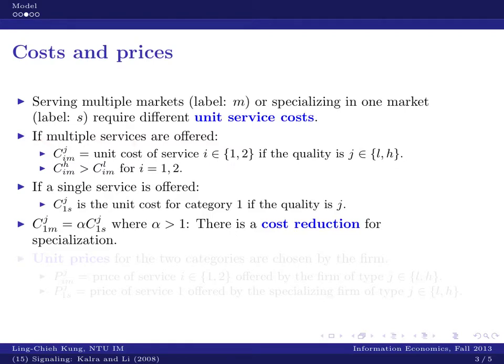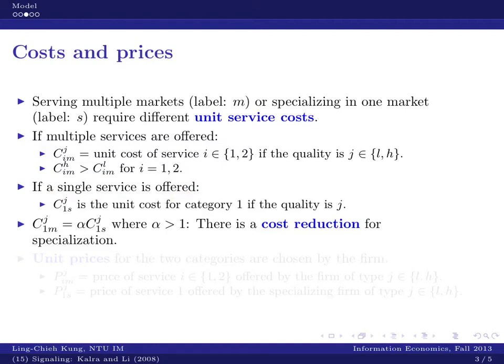Then, for service 1 and 2, for quality low or high, the cost is called C_JIM. Okay, this M is denoting multiple services, and J is the quality for service I. And we assume that the high quality service requires a higher cost. So C_HIM is greater than C_LIM, no matter I is 1 or 2.